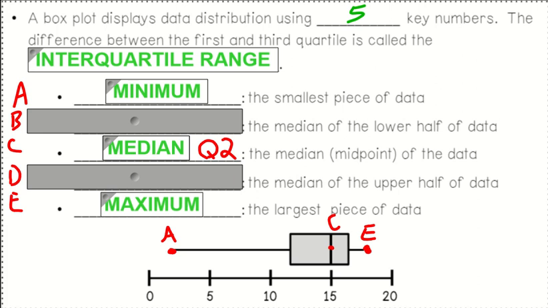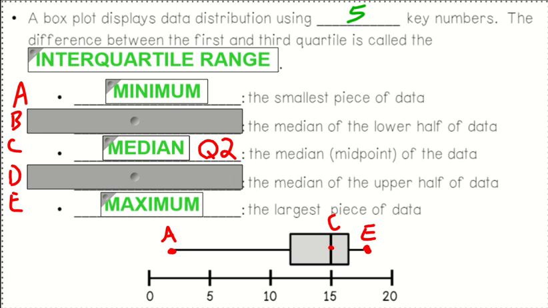You'll notice on my graph here, is that C right there in the middle of my box plot? No. What it is, it's in the middle of my data though. That's what it's the median of. If I listed all the data, it'd be in the middle of it. When you draw it as a box plot, it doesn't always put it right in the middle though. And I'll show you why in a little bit.